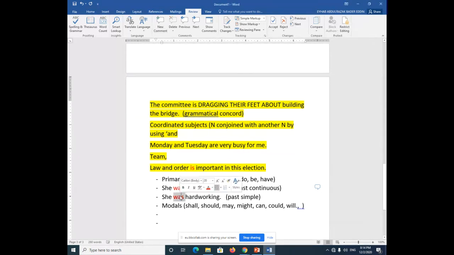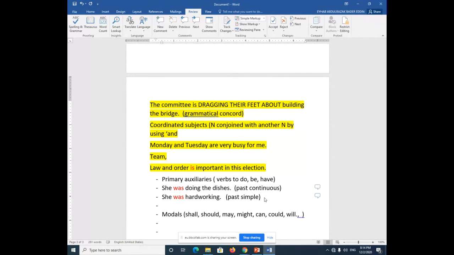But here we call it a copular verb. By copular verb, it means you cannot stop after it. For example, you cannot say she was and stop. You need a complement. So hardworking here is a complement.